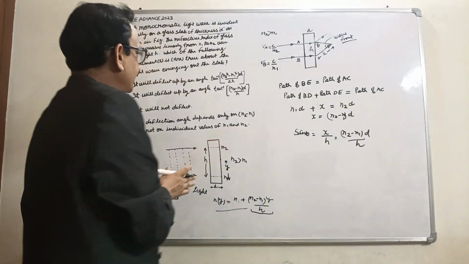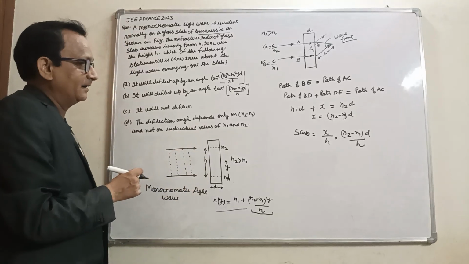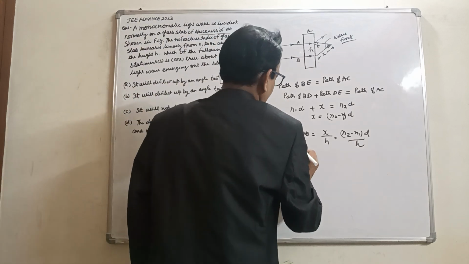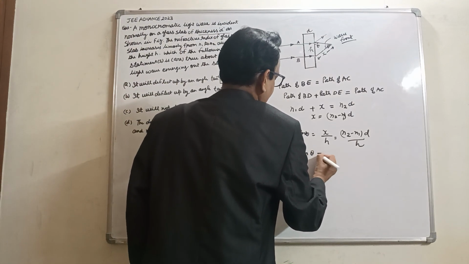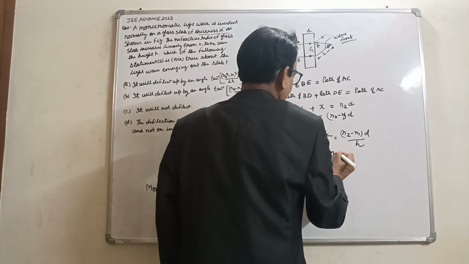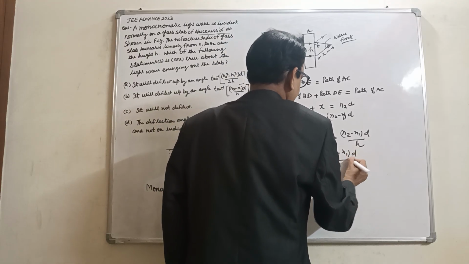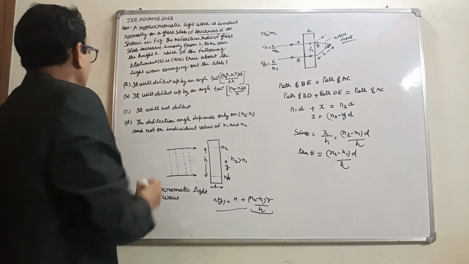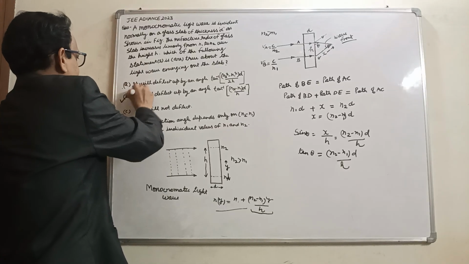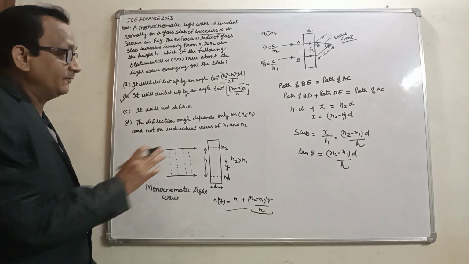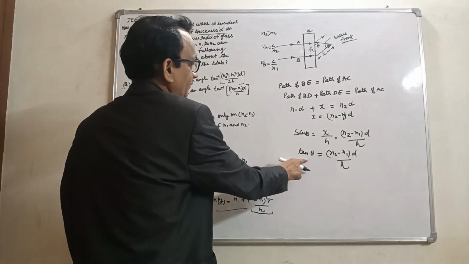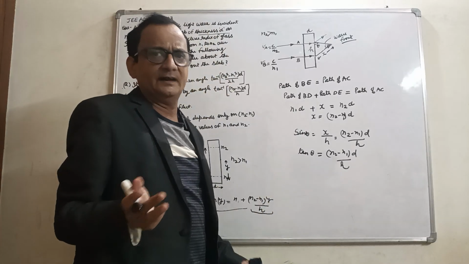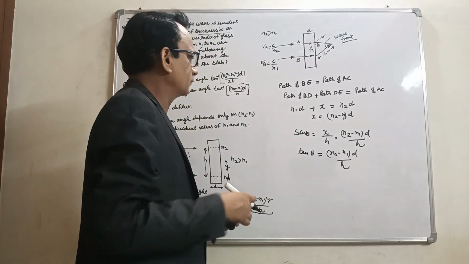If we take the angle as small, we can write tan theta would be (N2 minus N1) into d by h. So theta would be tan inverse of (N2 minus N1) into d by h. So this option seems to be correct, if we consider theta small and the difference of N2 from N1 not very much.